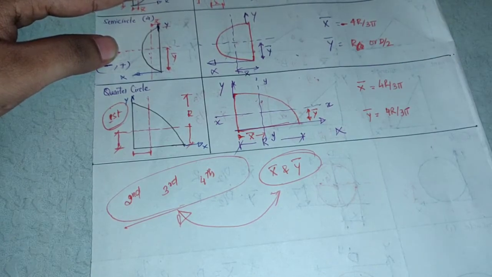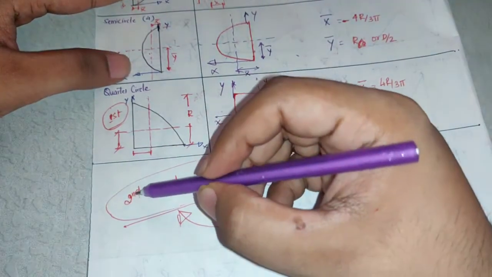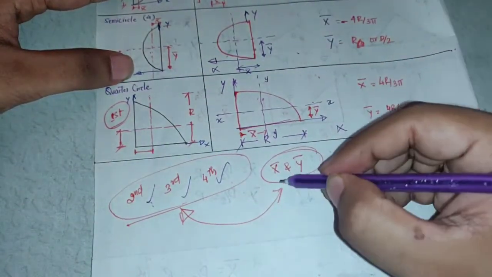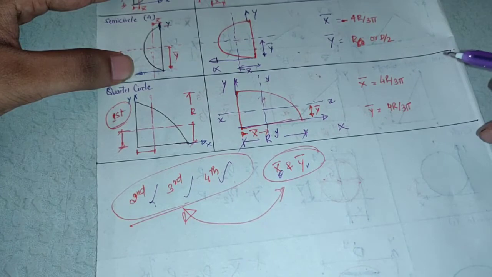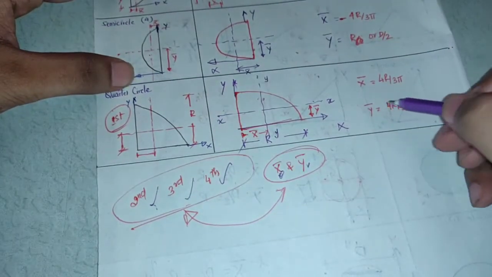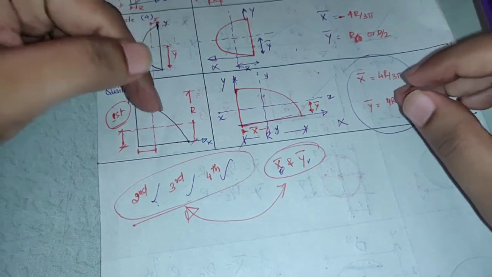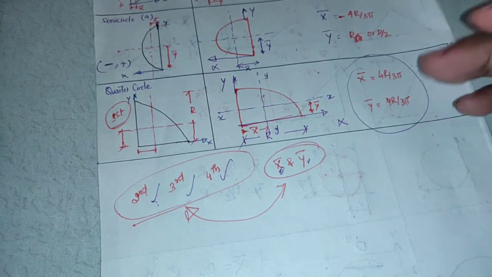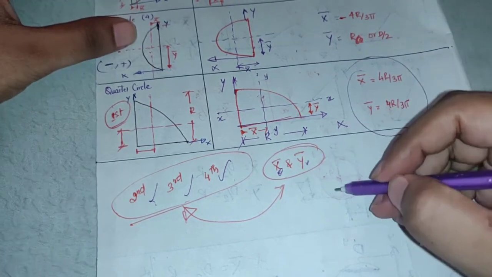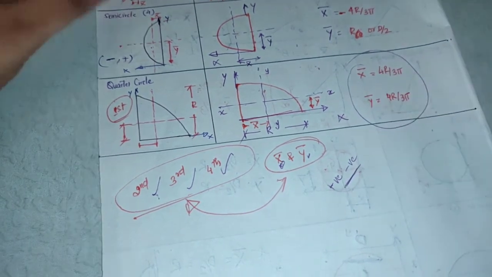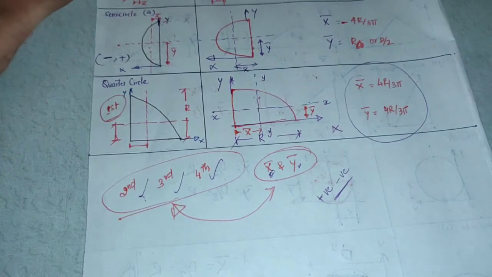In the same way, you have to place the orientation of the quarter circle in the second, third and fourth, and just tell me the value of x bar and y bar. No need to derive, because the value of x bar and y bar for the quarter circle will not change. Only the sign conventions, plus or minus, will change. You have to find that. Okay. Hope you followed this part. Thank you very much.